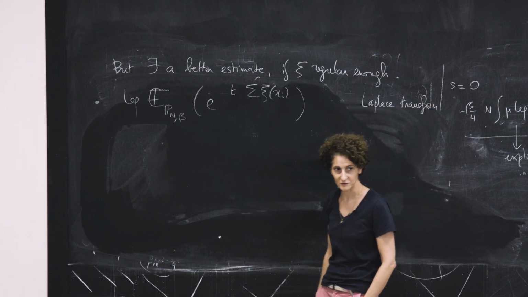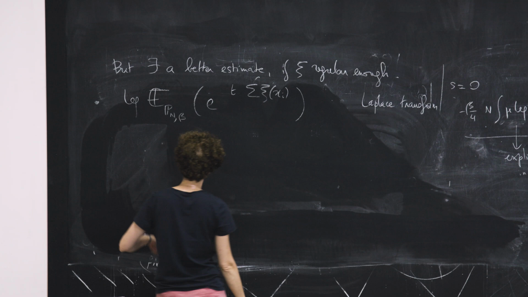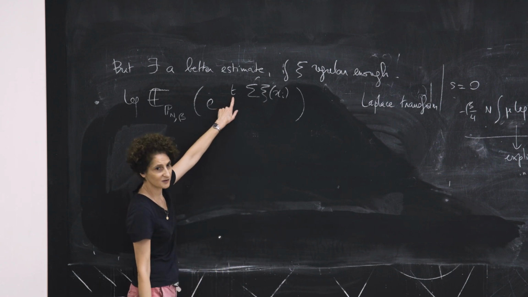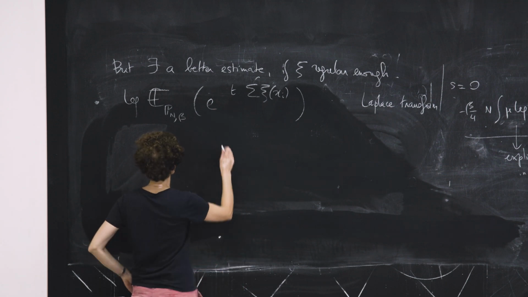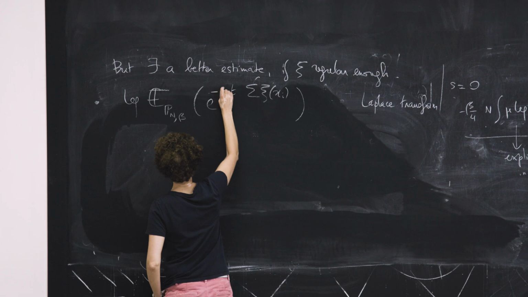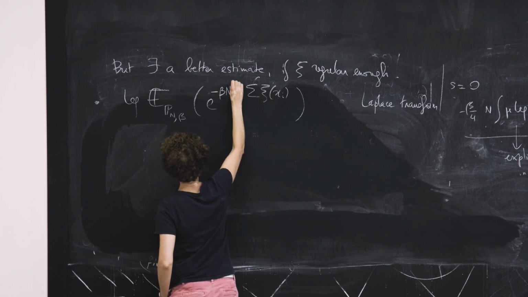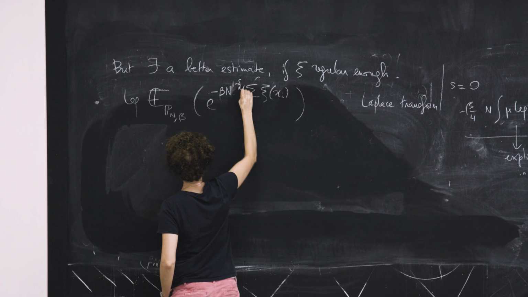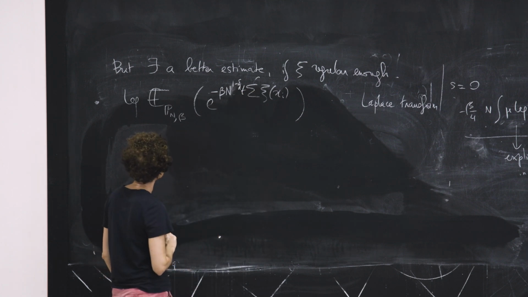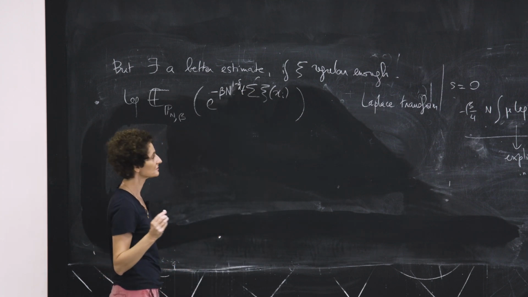But now for convenience, I'm going to want to scale things a little bit differently here. So I'm going to put minus beta n^(1 - s/d) t. Why not?